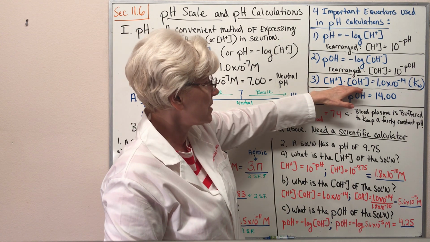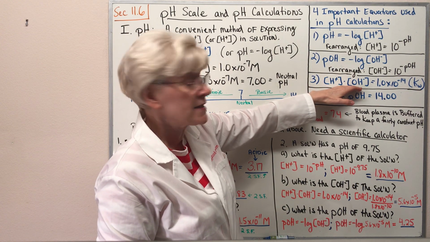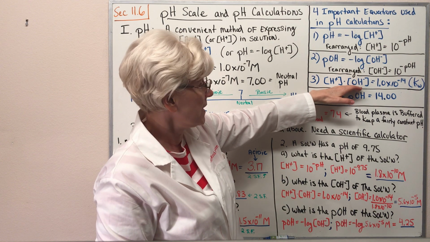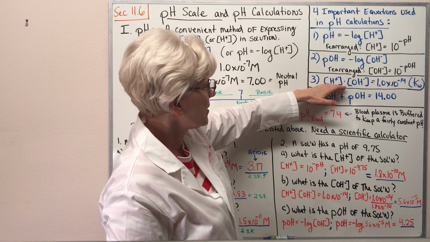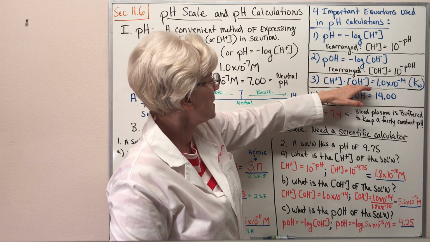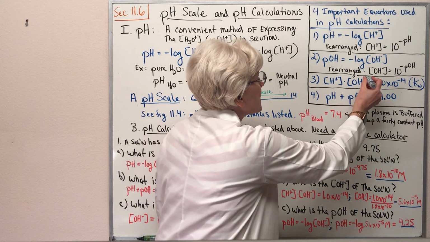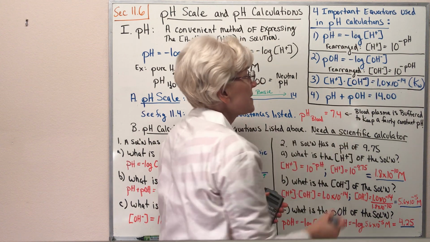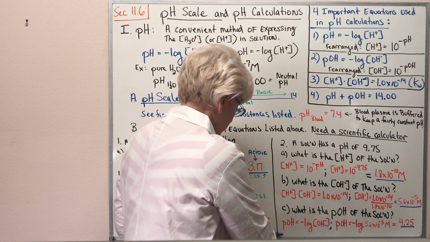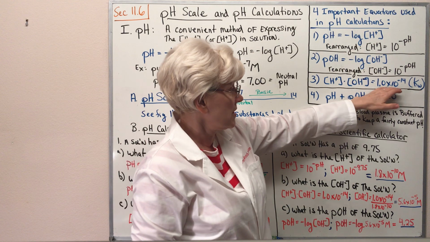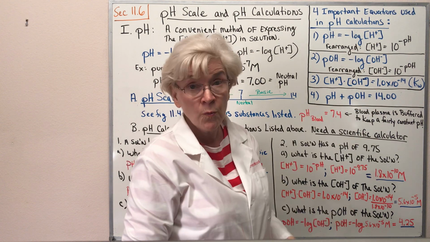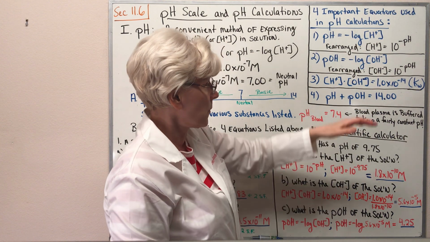The third equation we looked at in the self-ionization of water video: in pure water, the hydrogen ion concentration times the hydroxide ion concentration is equal to the water dissociation constant value of 1 times 10 to the minus 14.